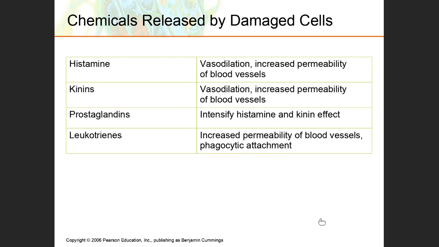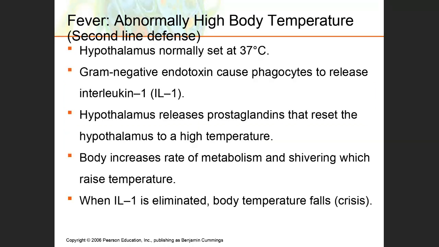So we have drugs, antihistamines, and also anti-leukotrienes, like Singulair, which I'll talk about later on and tell you how potentially bad that is. But just know that these chemical mediators, which are collectively called cytokines, help to stimulate and enhance the immune response. But a little bit goes a long way.